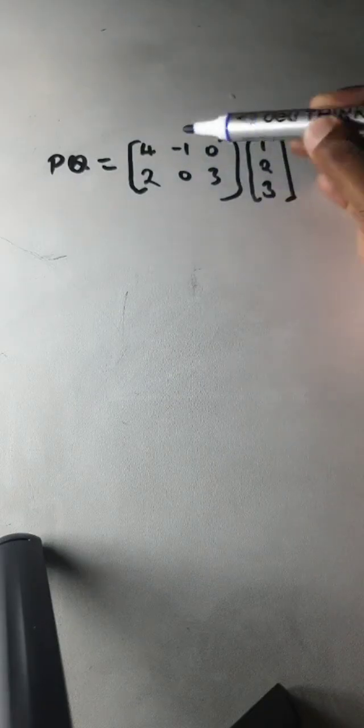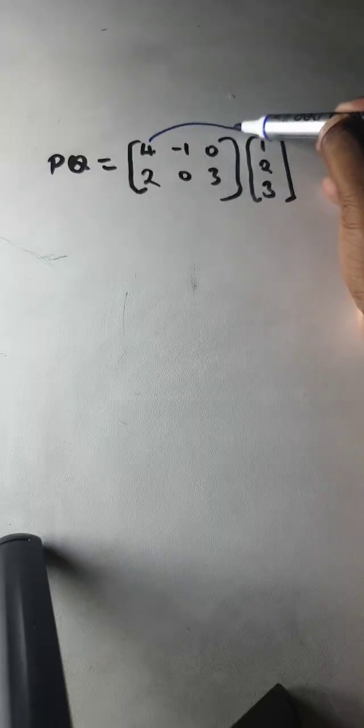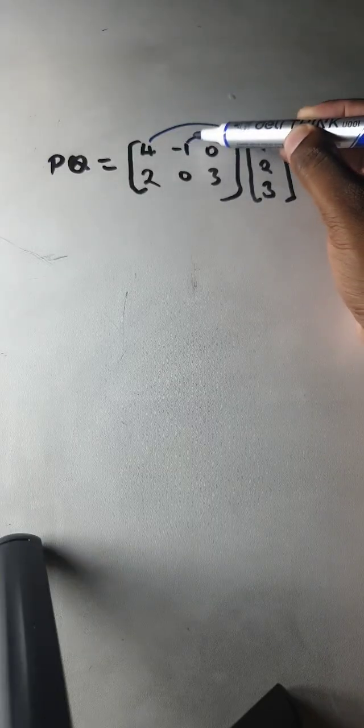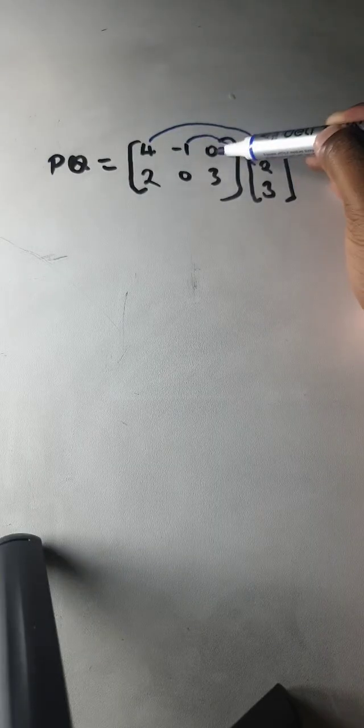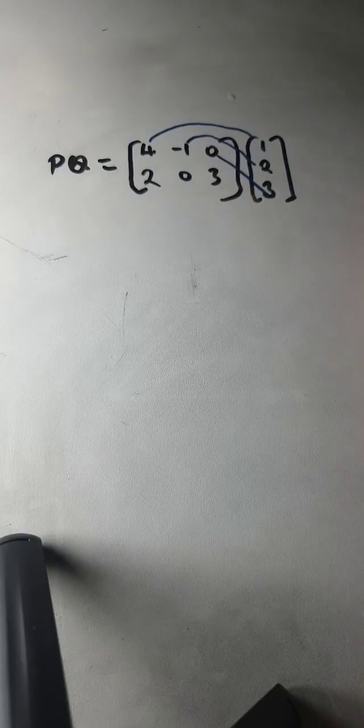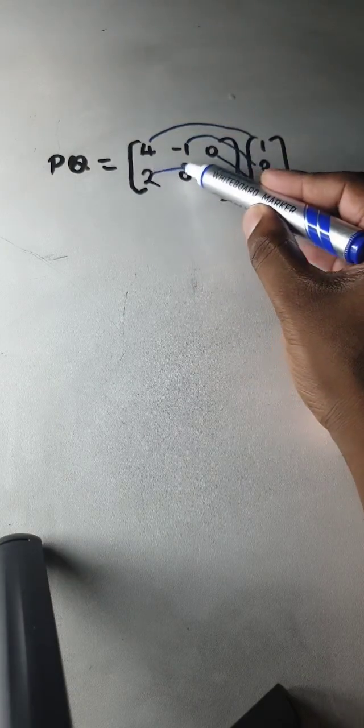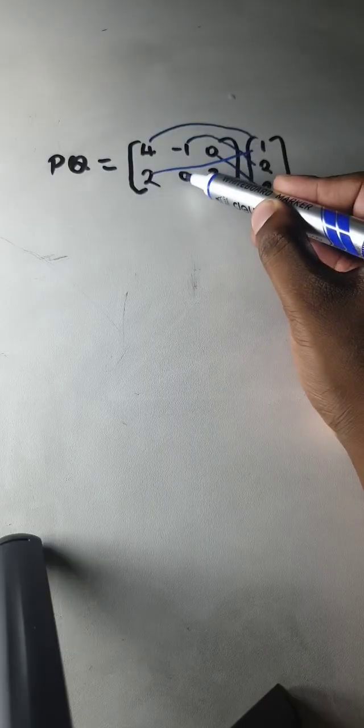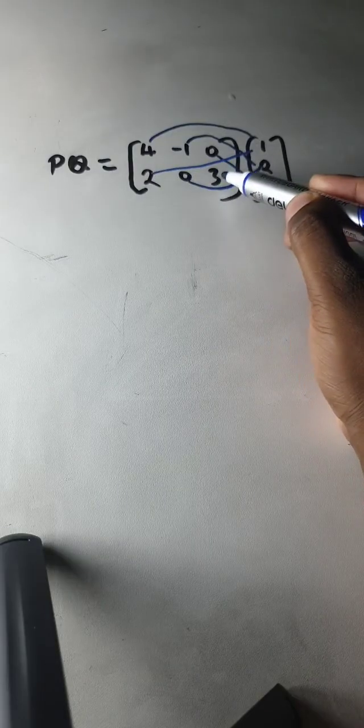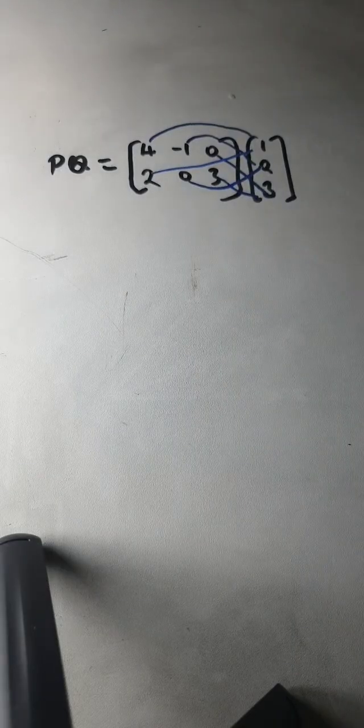The first will multiply with the first, plus the second will multiply with the second, plus the last will multiply with the last. Have you seen that? Now let's do this.